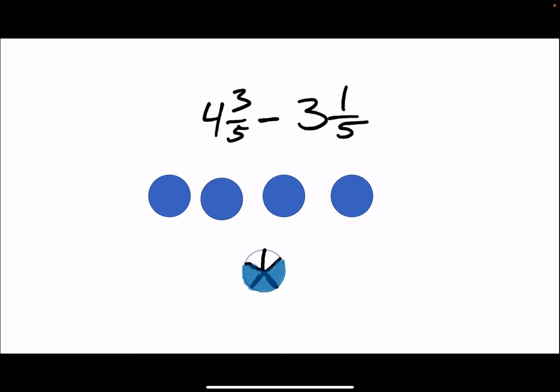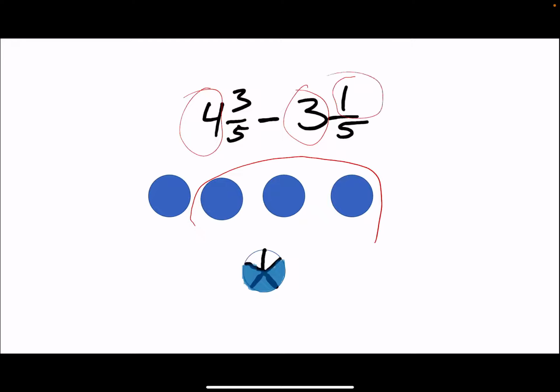Okay, so now we're going to subtract. And again, I make it visual because it's so much easier to see what's happening. Okay, so this one was relatively easy to subtract, right? I do my whole numbers, right? So 4 minus 3. Okay, so I'm going to group the 3 in there that I'm taking away.